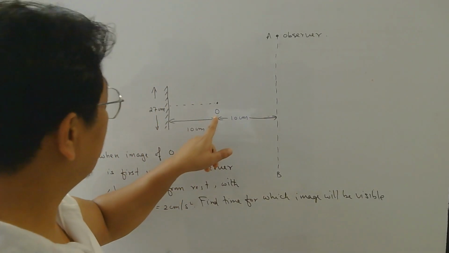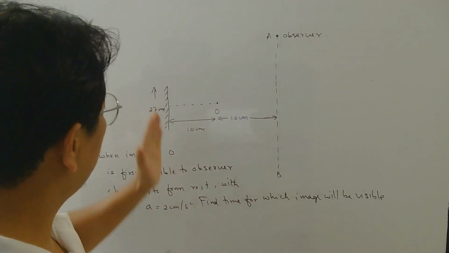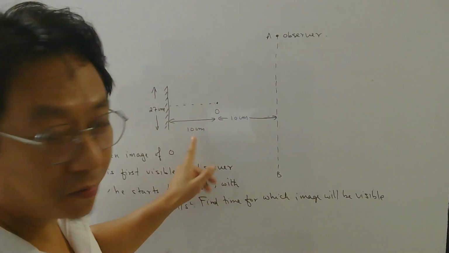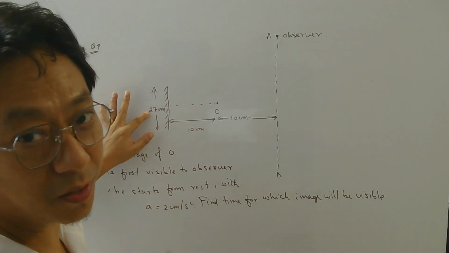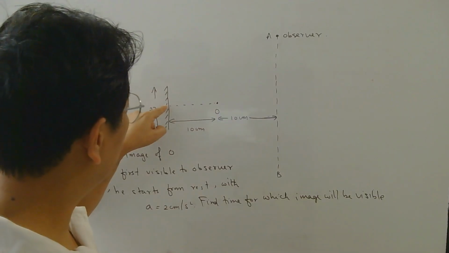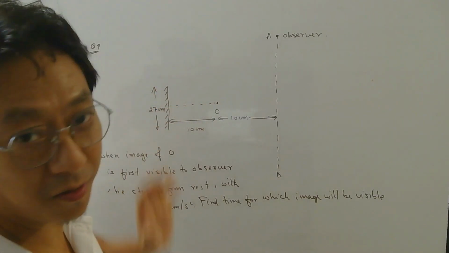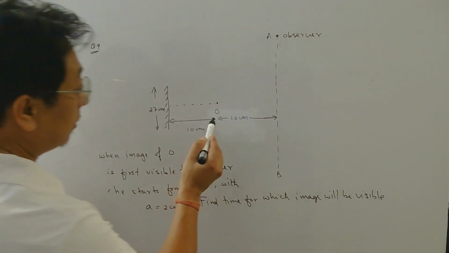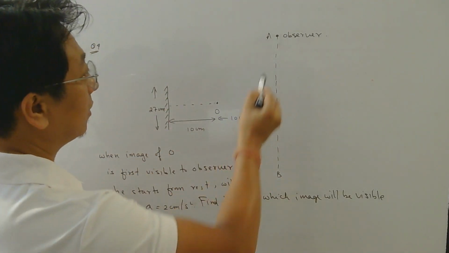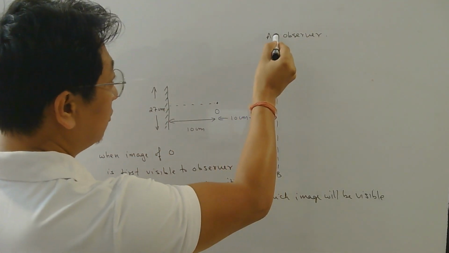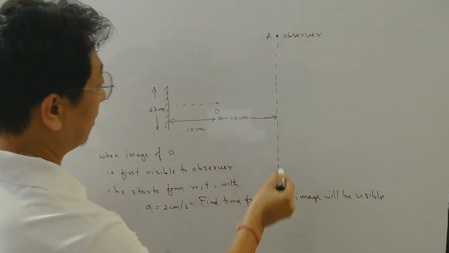So there is an object here which is at a distance 10 centimeter from a plane mirror whose length is 27 centimeter, and this object is along the bisector of this mirror. Okay, and from that object, 10 centimeter this side, an observer is moving along this line AB.